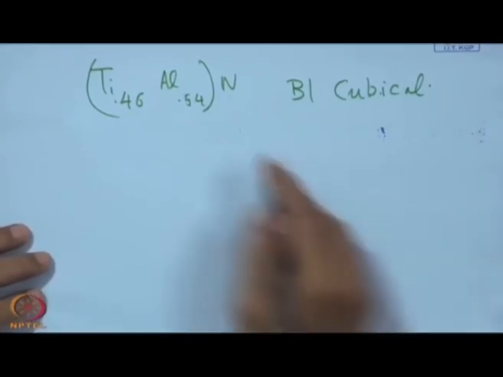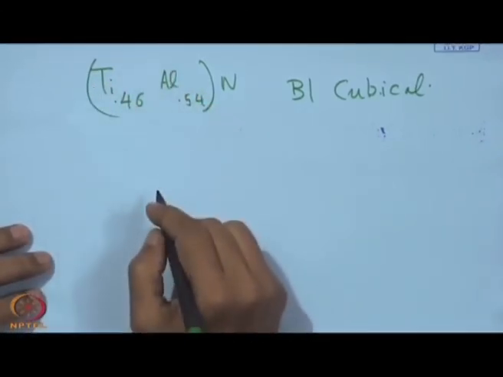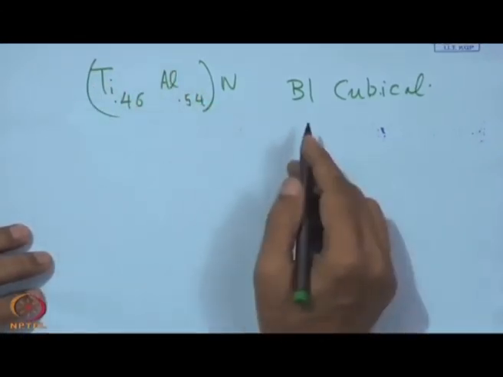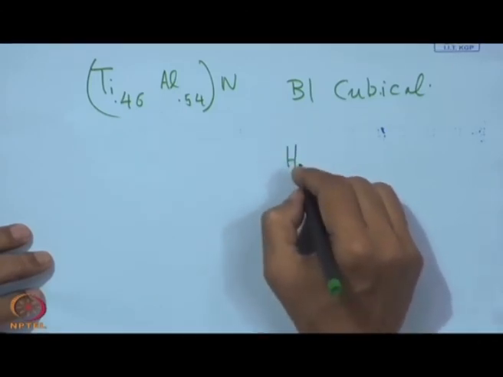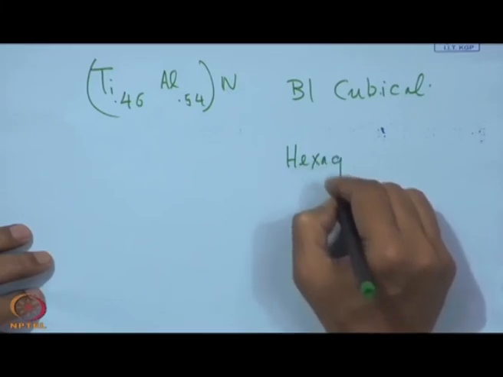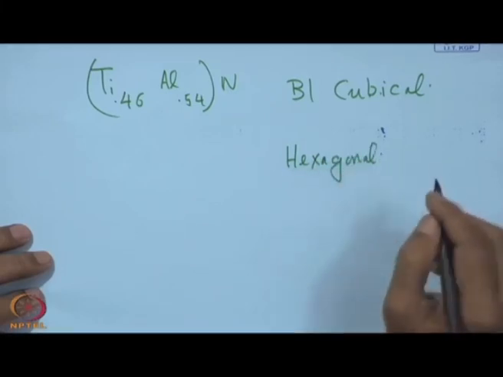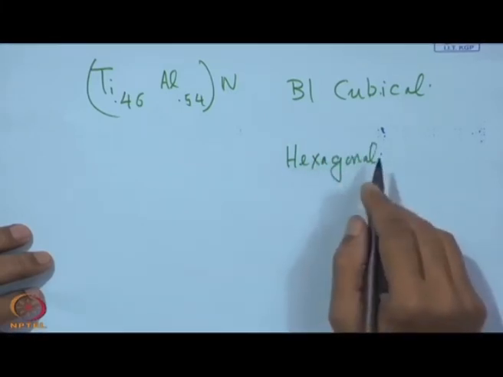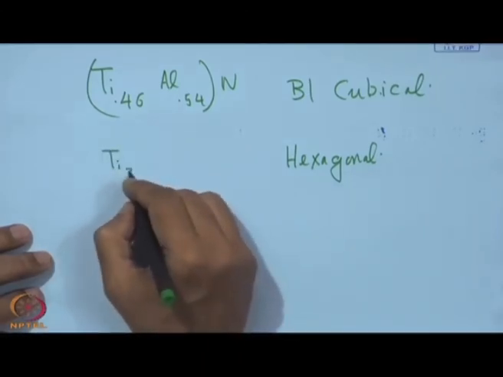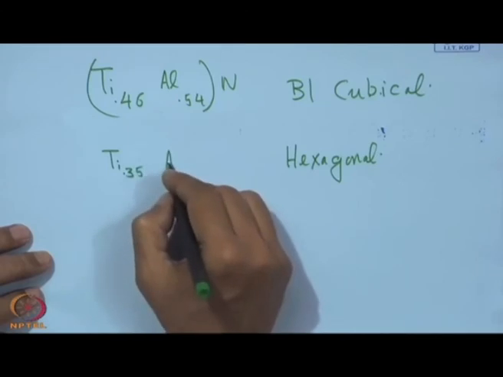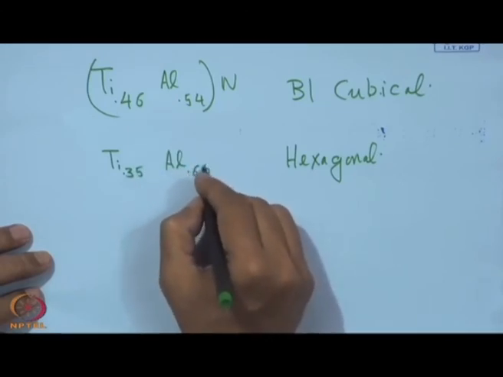But if we would like to improve the performance of this coating, then one has to go for the wurtzite structure, hexagonal, and that can be given by titanium 0.35 and aluminum 0.65.